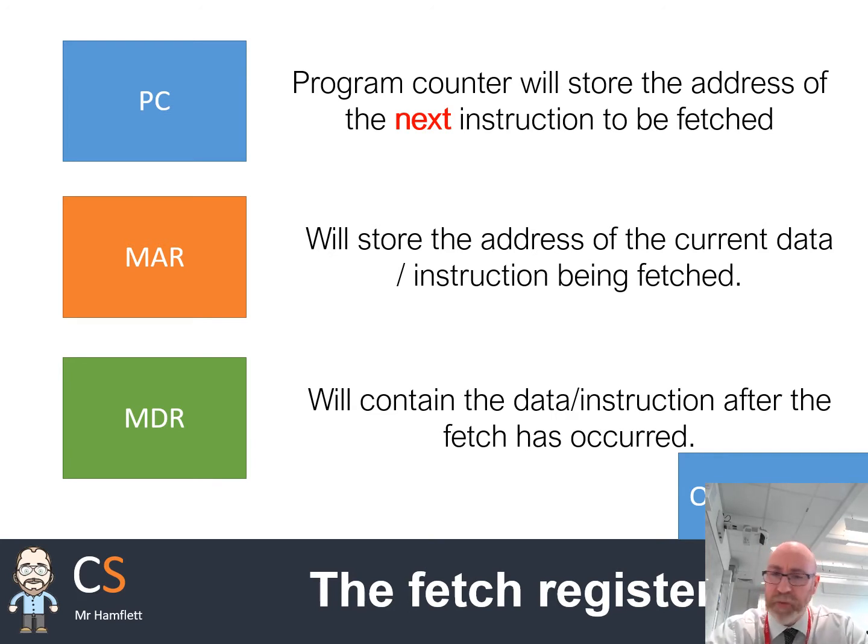Then we've got the MAR, which stores the address of the instruction or data that we're going to fetch. Remember, when we're fetching, we may be fetching an instruction, or it might be data required by that instruction. For example, with direct addressing mode, we would have to do an additional fetch to get that second bit of data, and that data would have its address stored in the MAR. The MDR will then store the result of the fetch, which will again be either data or an instruction.